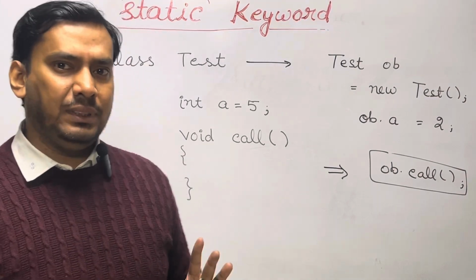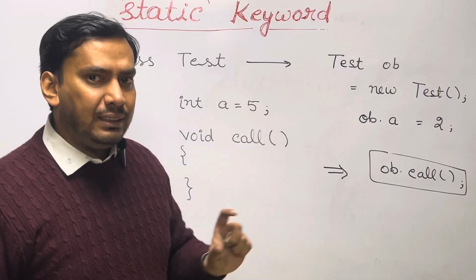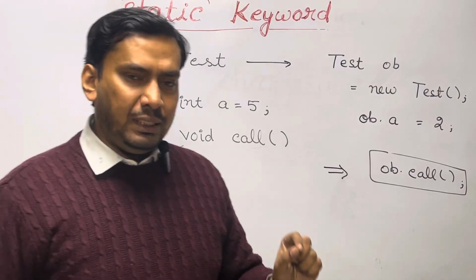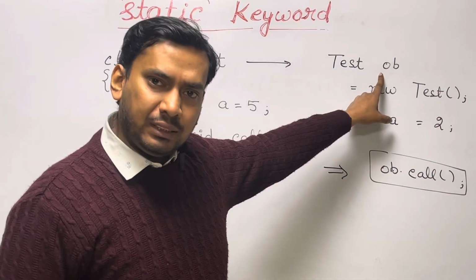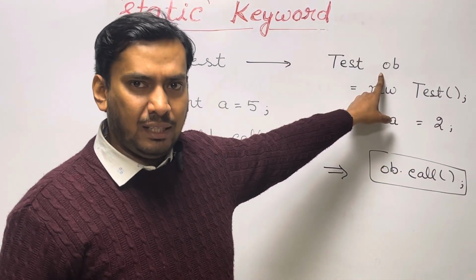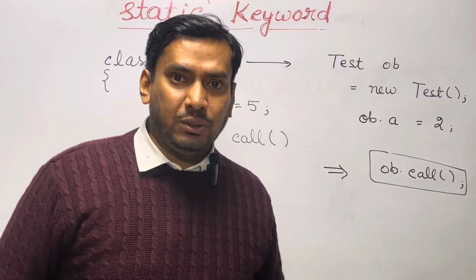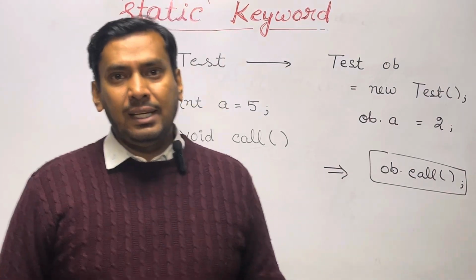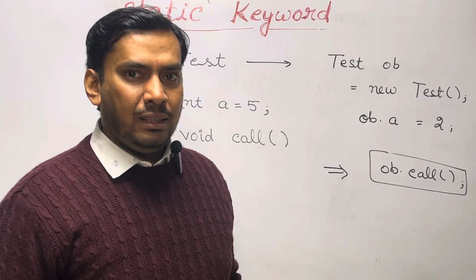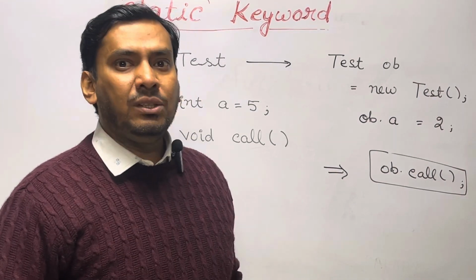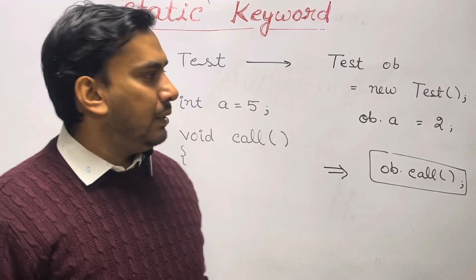So, if anything inside a class is declared static, it means it can be accessed using the object reference as a normal procedure, but it can be accessed without the object also. So, you can say that static members of a class can be accessed without the object also.